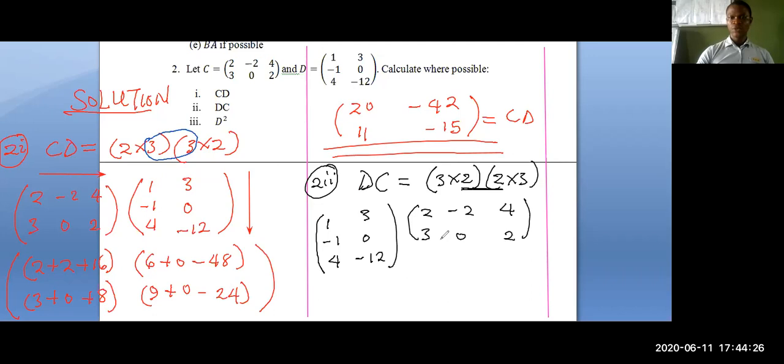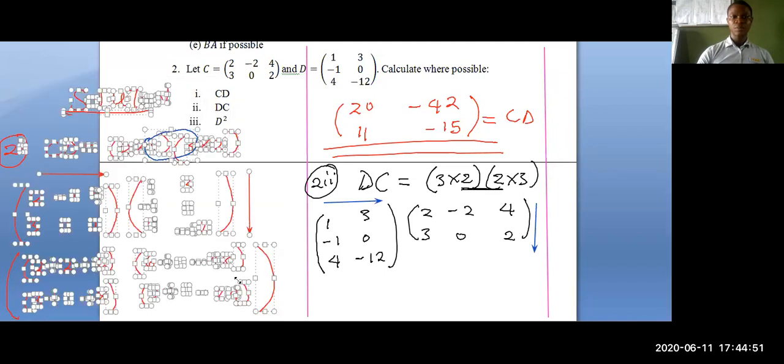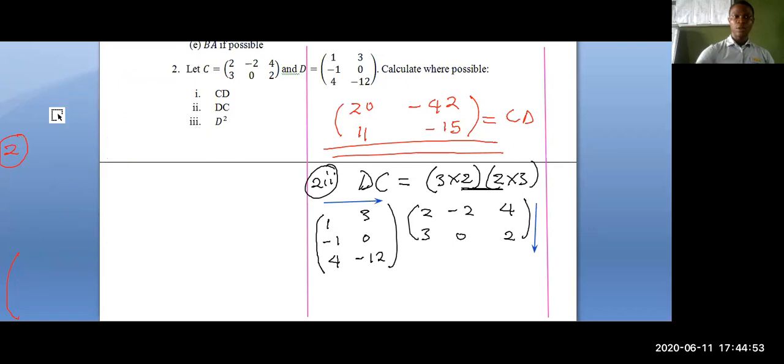All right, so do not forget the process. Each row multiplies each column of the next. Okay, so do not forget that. All right, so continuing with the multiplication, I'll wipe this part of the board away so that I can continue writing from there.